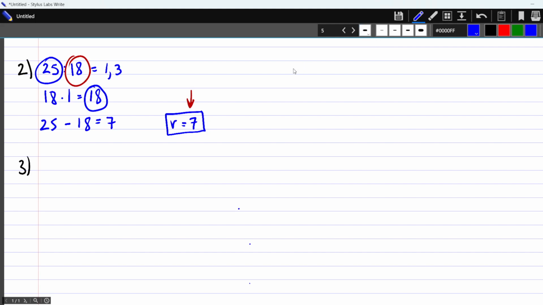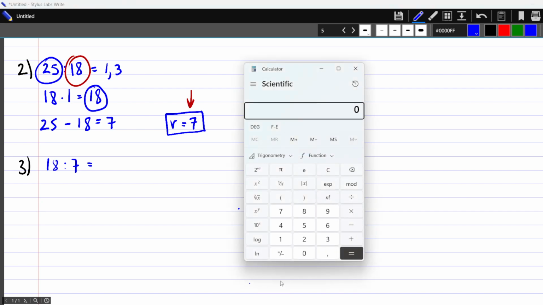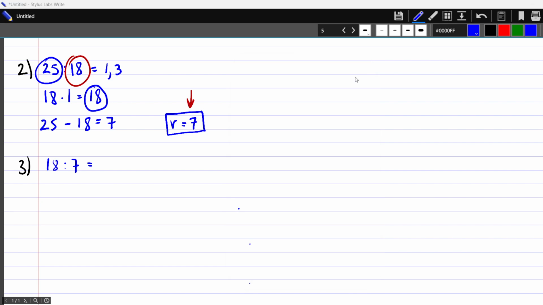So, step 3, 18 divided by 7 is 2.5 and so on. The only thing we care about here is 2, the integer part. 7 times 2 is 14. 18 minus 14 equals 4. The new R is 4, so I'm not done yet.